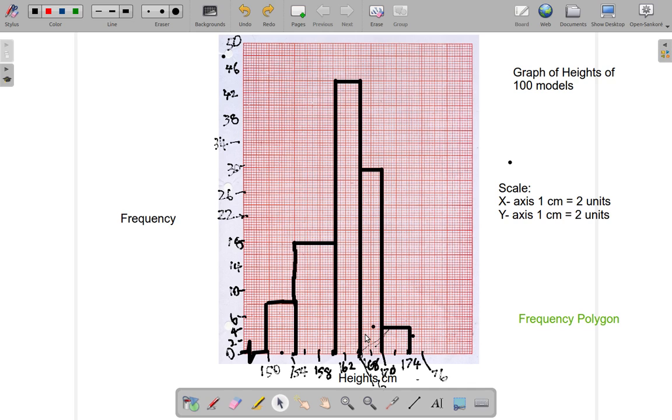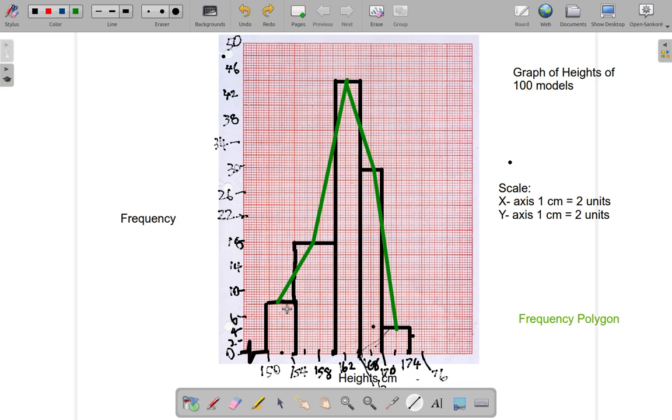Now, what happens is that you form the frequency polygon by joining the middle of the tips of these bars. This bar, the middle of this, middle of this, middle of this.